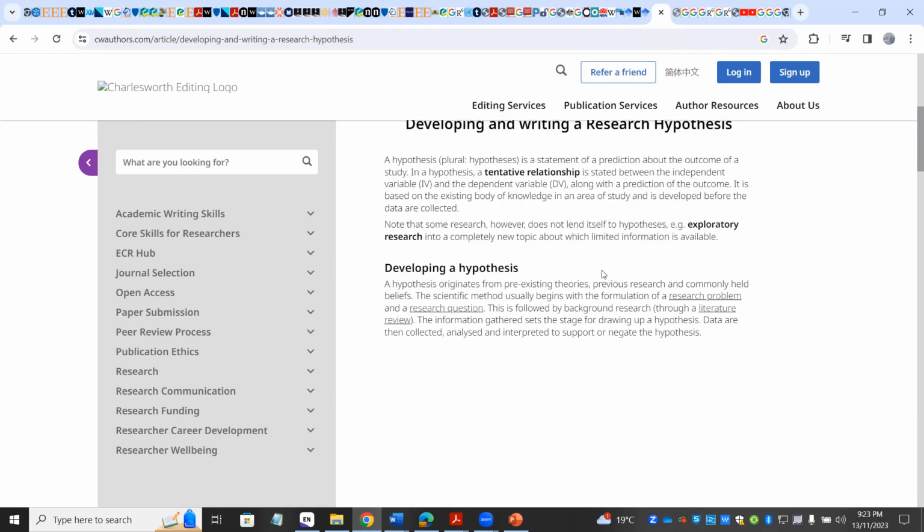Know that some research, however, does not lend itself to hypothesis. Some studies don't need hypothesis, especially if the study is exploratory, into a new topic about which limited information is available. So most or almost all exploratory studies don't use hypothesis.